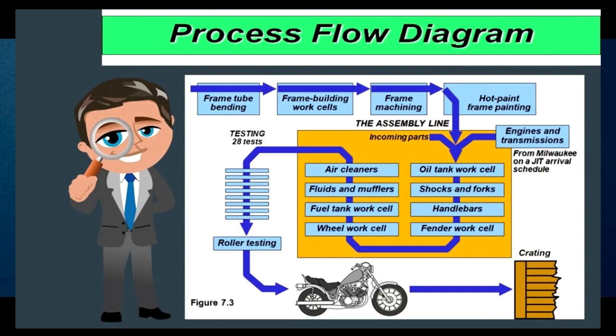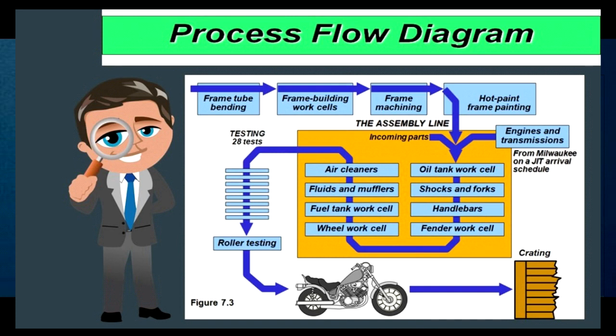Process flow diagram: frame tube bending, frame building, work cell, frame machine, then engine and transmissions, incoming parts, oil tank, work cell, stock and fork, handlebar, fender work cell.